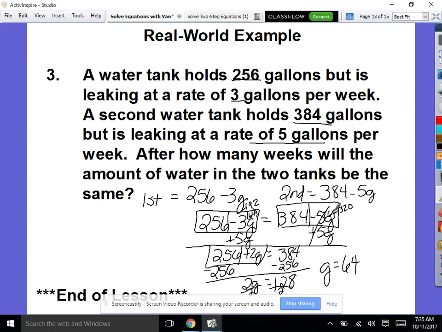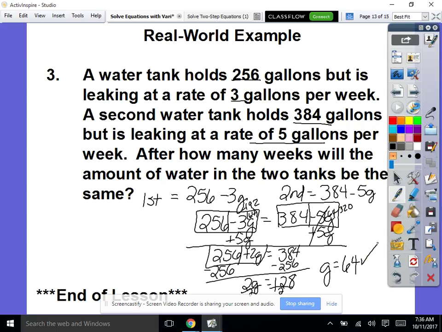So 384 minus 320 is 64. And 256 minus 192 is 64. And that is the end of our lesson.